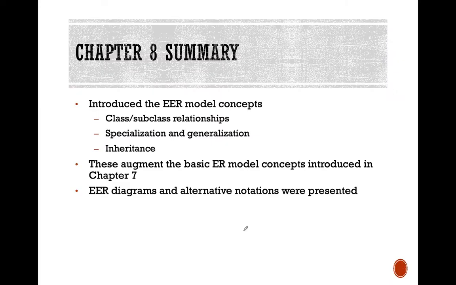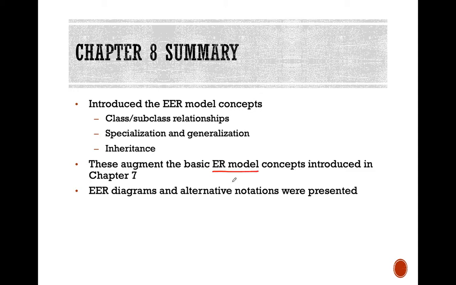So that was all from chapter 8, the enhanced entity relationship model. In this chapter we saw the subclass superclass relationship, specialization and generalization, and inheritance. This chapter is mostly the enhanced version of ER modeling.